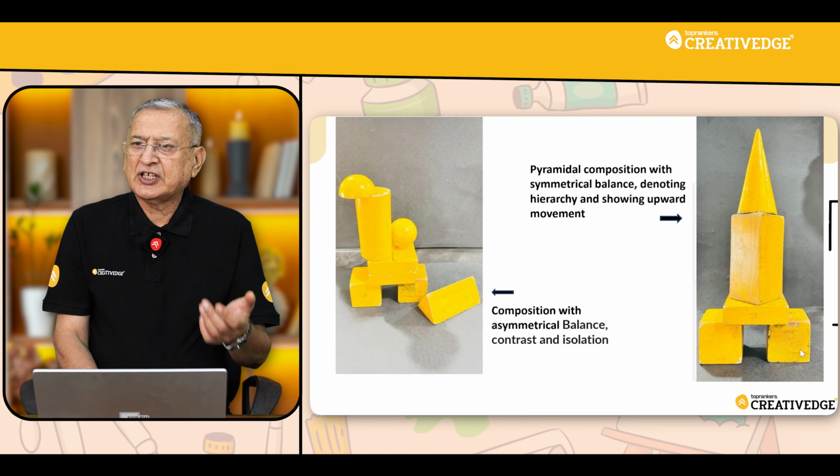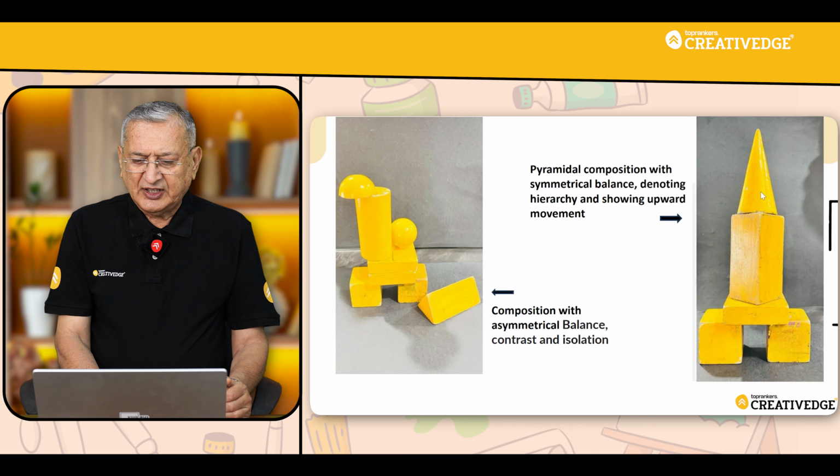How does it denote the hierarchy? You can see that there is a triangular cone which is kept on top of the 2 cuboids, and these 3 are kept on top of the 2 cubes.